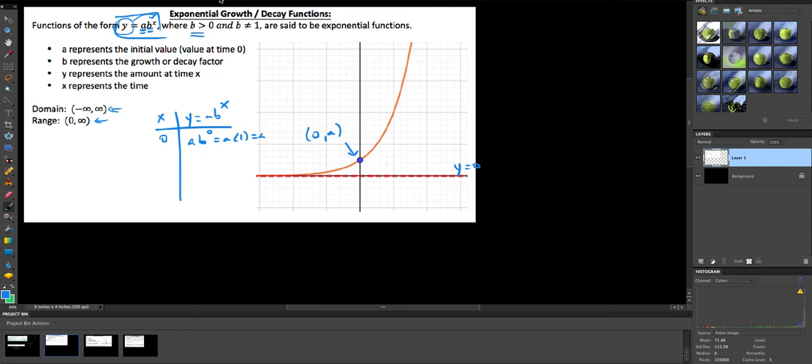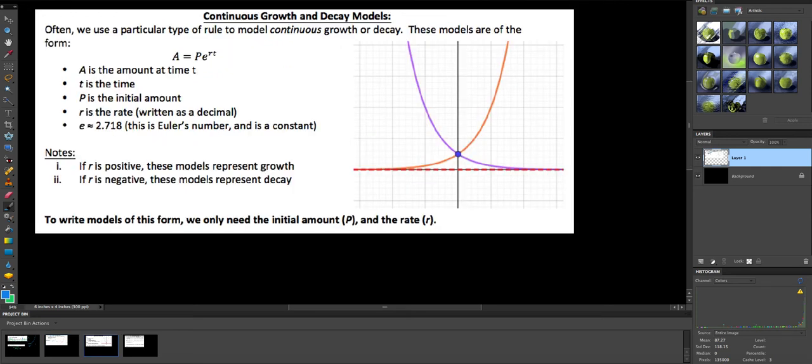Well, there's a pretty slick form of this, and this is our continuous growth or decay model. We write it a little bit differently here: A equals P e to the rt. We use this whenever we talk about continuous growth or decay. I'm also going to write this as y equals a e to the rx, but we're still looking at x as representative of our time, and y as an amount of something at a given time.